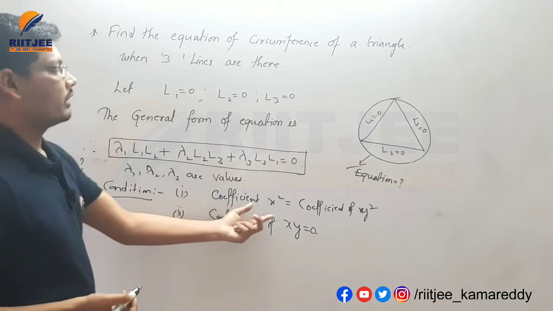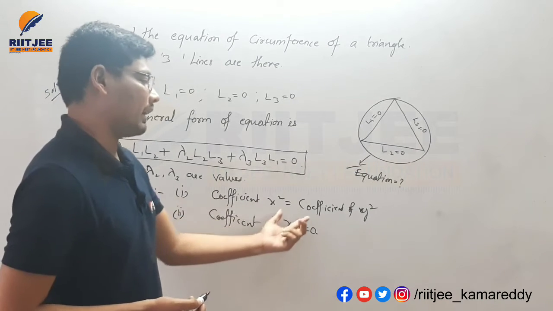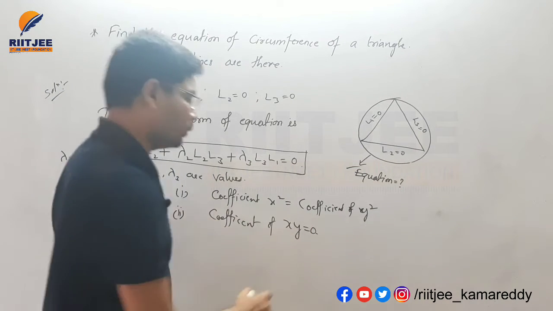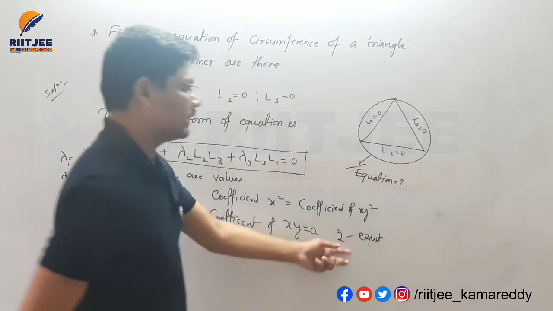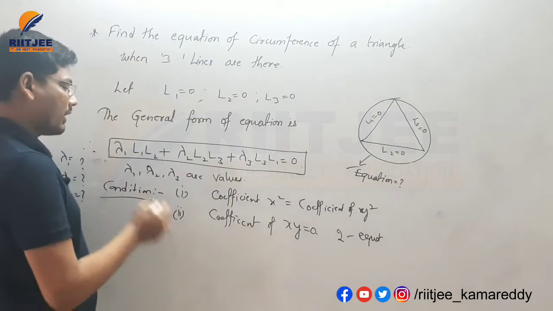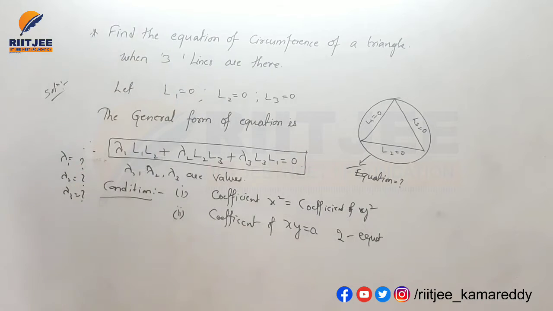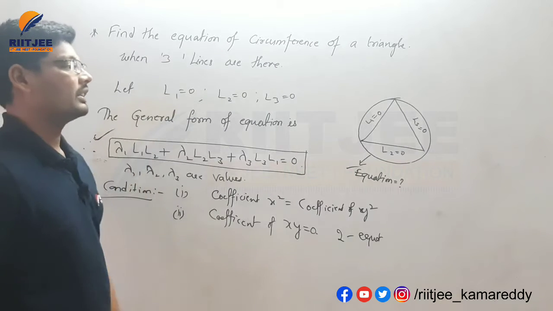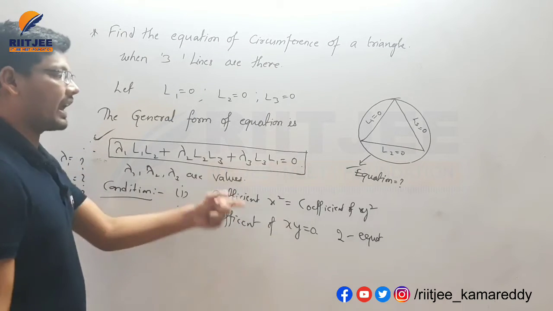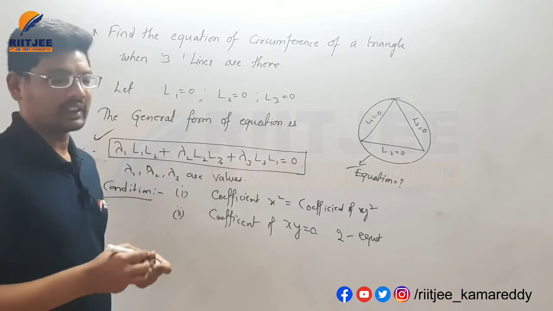Then if you substitute these values in the equation, we get the equation of the circumcircle of this triangle. This is all about the general form.